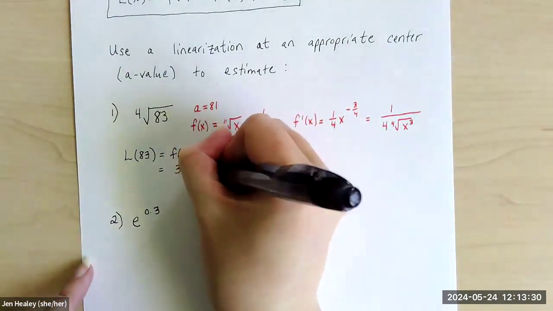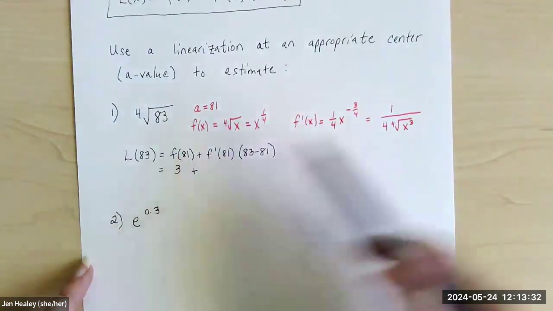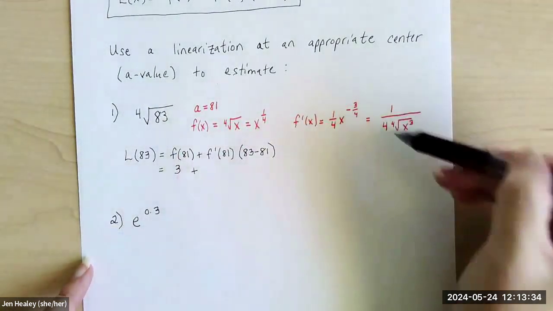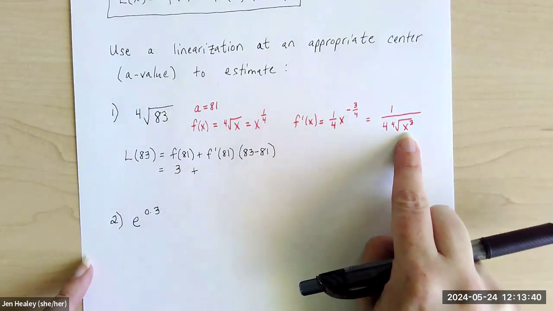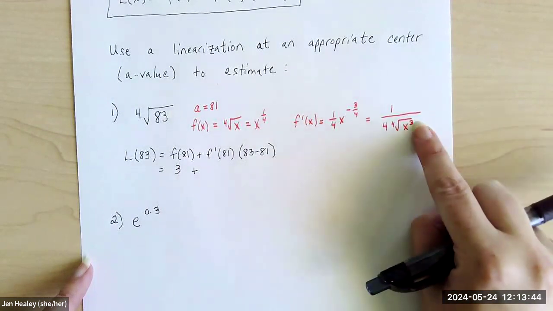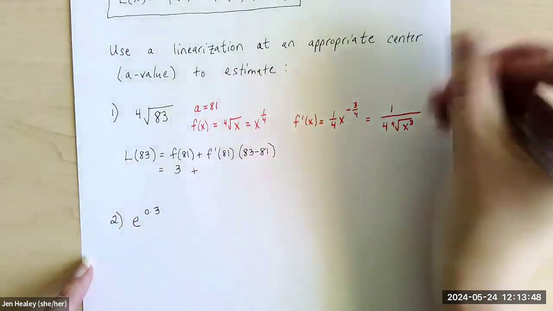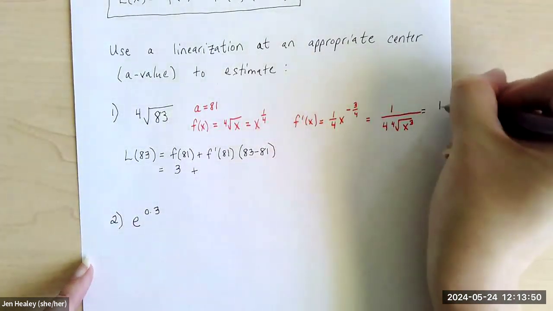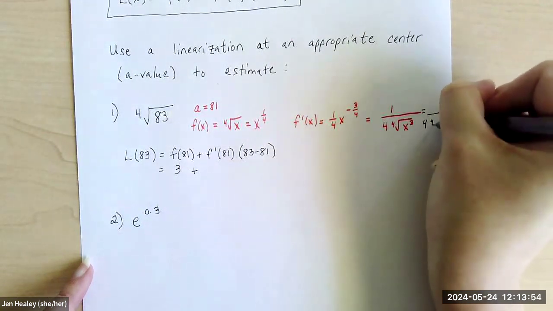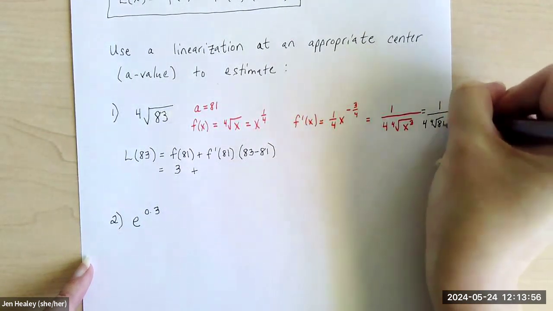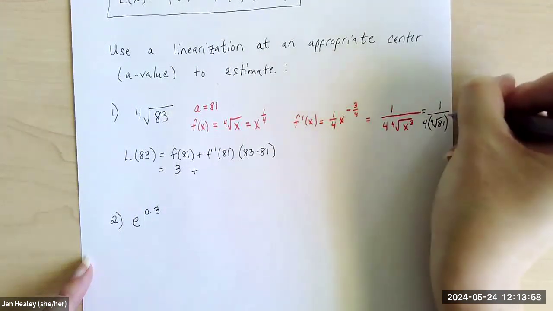To do f prime of 81, I need to come over here to my simplified version of the derivative. And if I plug in my 81 down here, I probably don't want to have to cube that first. So instead, I'll do this calculation: 1/4 times the fourth root of 81 and then raise that number to the third power.